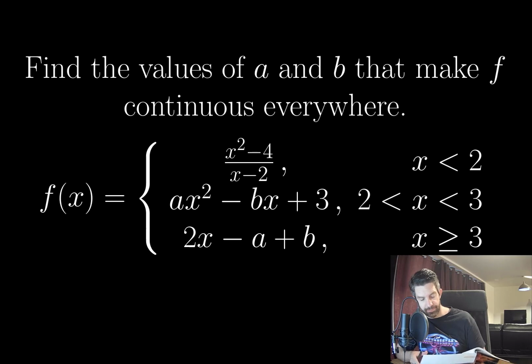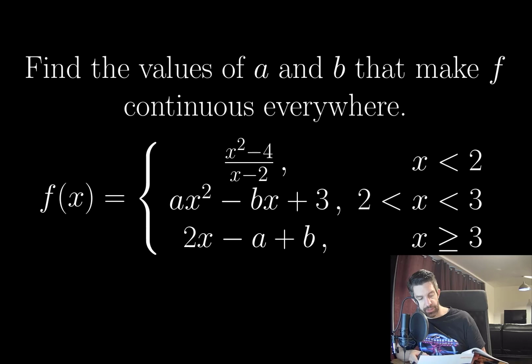So aside from that, the way I'm going to solve this, we're going to figure this out from left to right for the values of x. We have this function defined for x less than 2. We're going to want to take a limit as x approaches 2 from the left, in which case we use the first part of the definition of f.